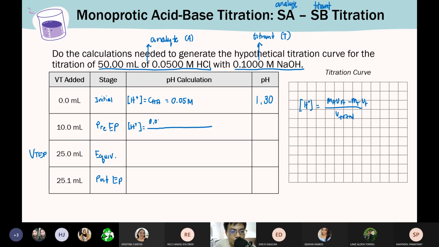So, you have 0.05 molar HCl times 50 ml. So, yung volume, wag nyo na i-convert sa liters. Magka-cancel out din yan mamaya. And then minus the titrant. So the molarity of your titrant is 0.1 times the volume of the titrant, which is 10 ml. So yan, lagay mo yan. So plug in lang talaga.